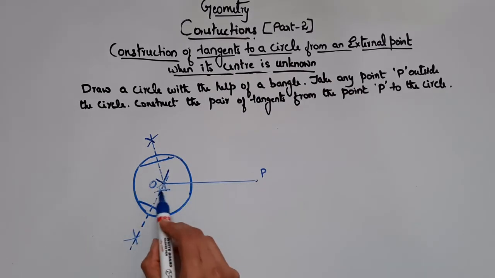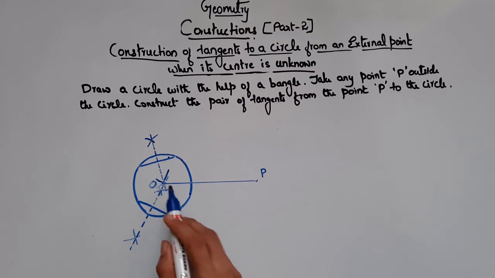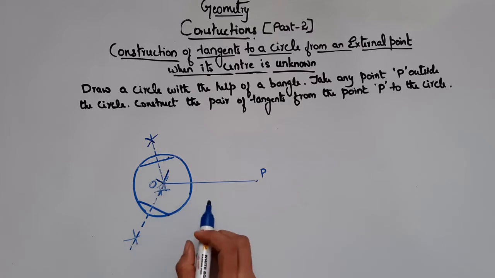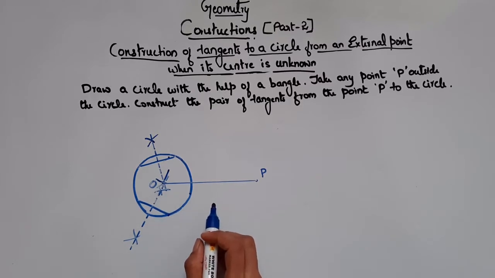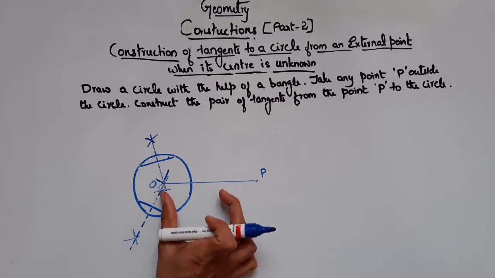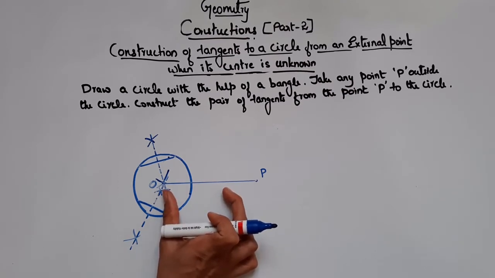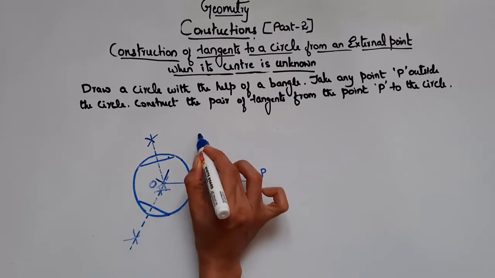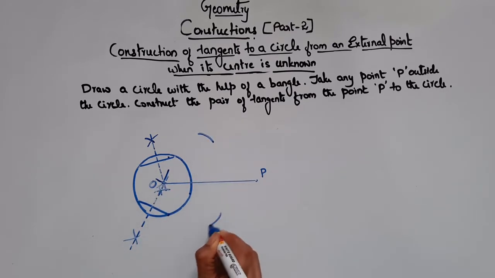So now that we found the center of the circle, we know how to draw tangents to a circle when center is known. So here we have to follow the same procedure. So what did we do? We have to take a perpendicular bisector, that is taking more than half. Keeping compass at this point, take more than half and cut like this, draw an arc like that, right?